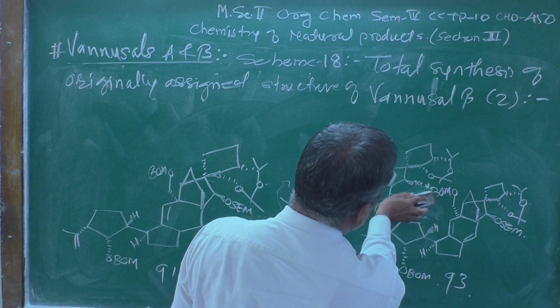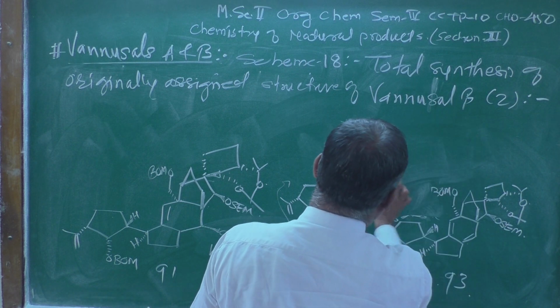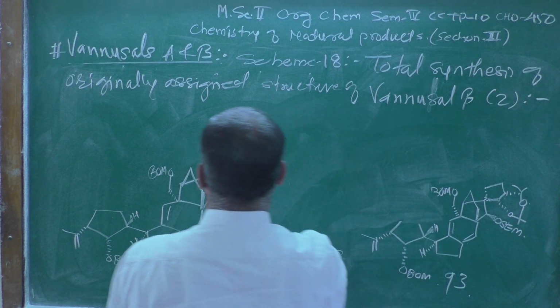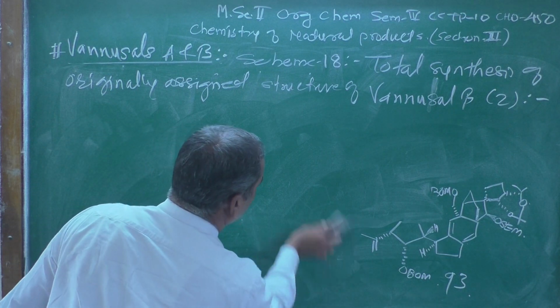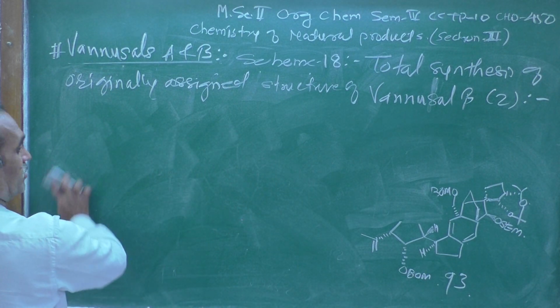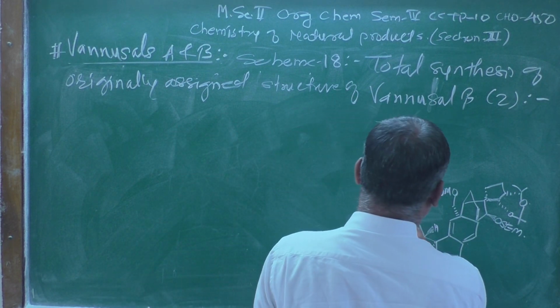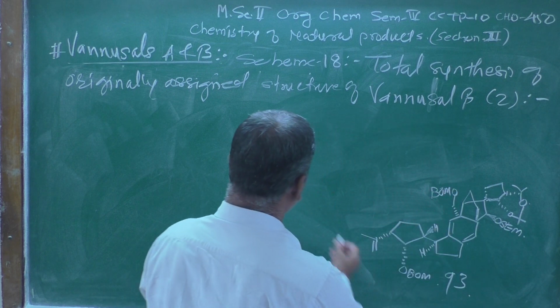Let me clean this board first, and then we will see the remaining part, the rest of the points that we are discussing. Now let us see here, this is structure number 93.